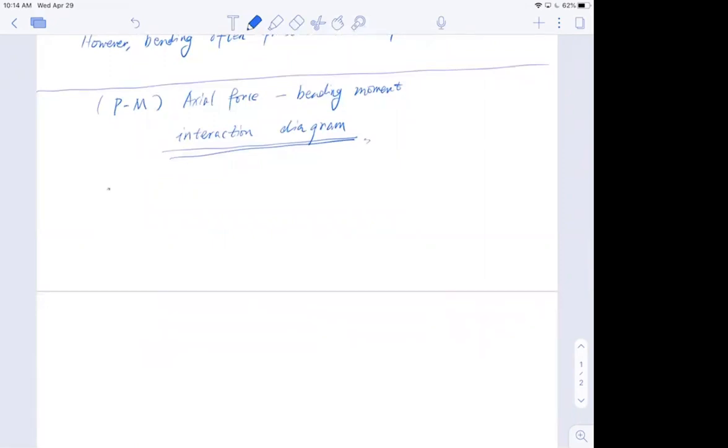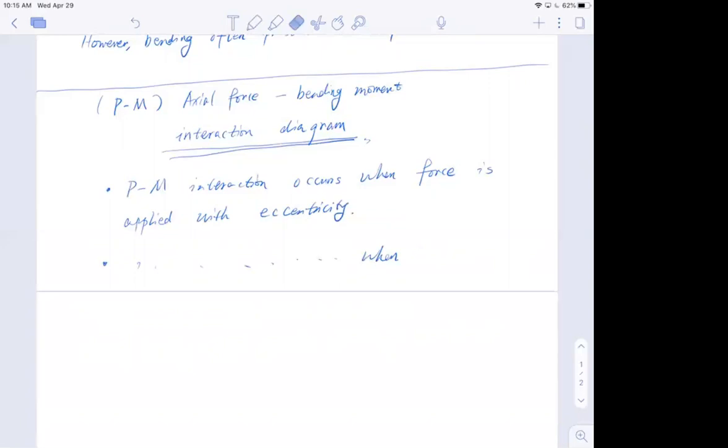PM interaction occurs when force or axial force is applied with eccentricity, or when errors or fabrication defects are present in columns.